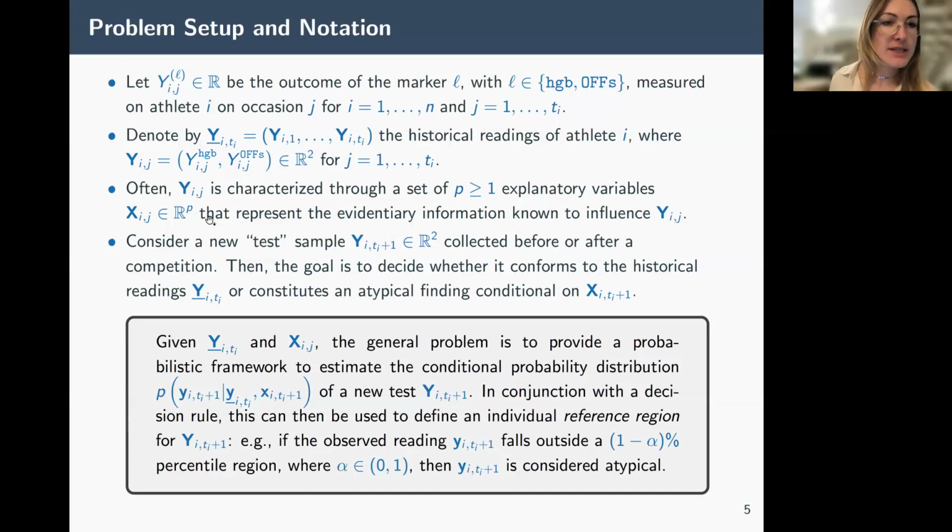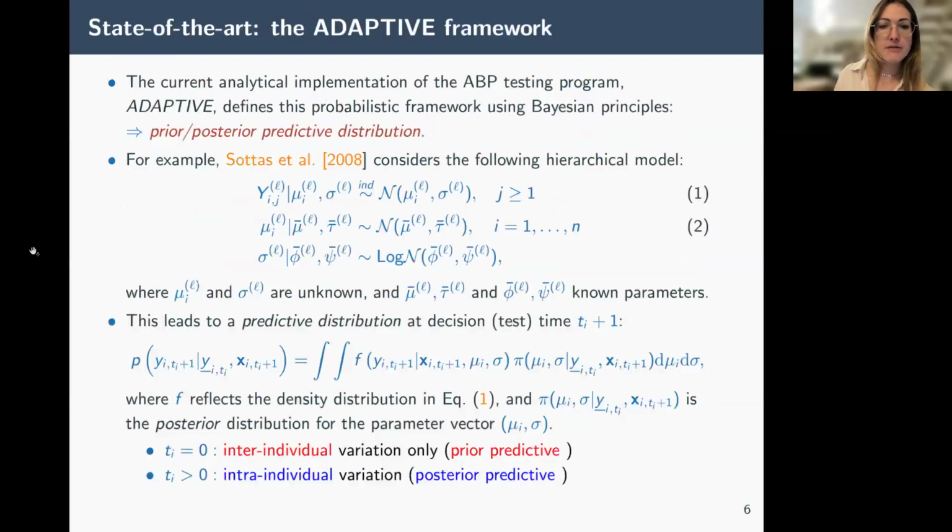Sometimes we also characterize these biomarkers based on some explanatory variables, age, gender, and so on, all the variables that are expected to somehow inform the values that we can see for this. And let's now consider a new test sample, which is basically the variable for which we want to build a prediction set, a prediction interval, a reference range, such as the one just seen here.